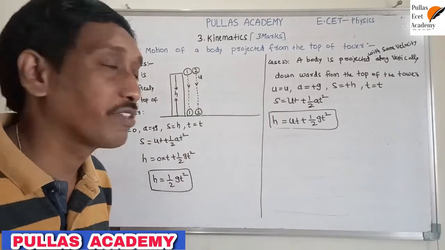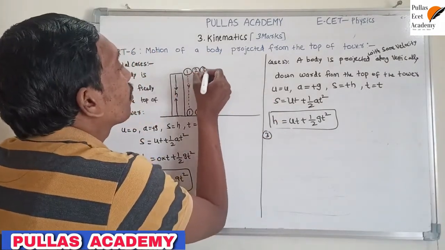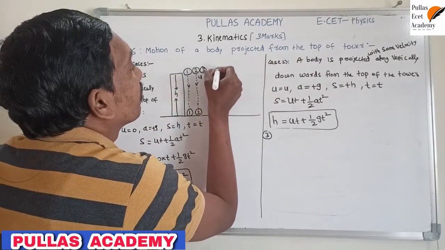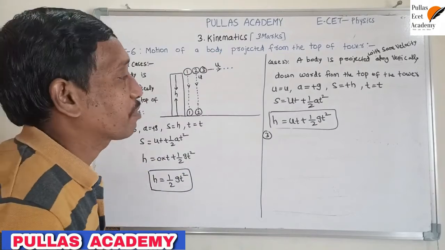That's the difference. Now one more case. The third one is a body projected horizontally with velocity u from the top of the tower. What is the expression?